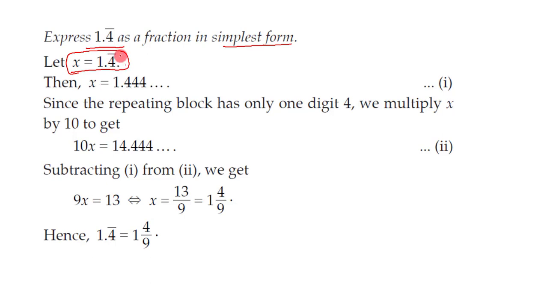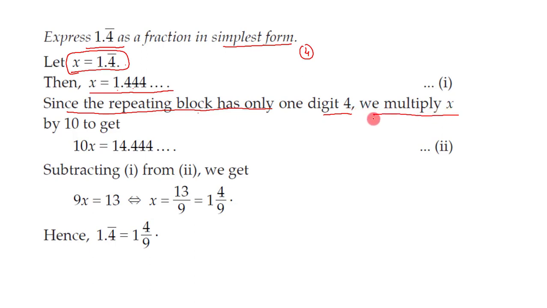Without the bar, x can be written as x is equal to 1.444 and this 4 continues. Since the repeating block has only one digit, how many digits are repeating? One digit only. What is that? 4.